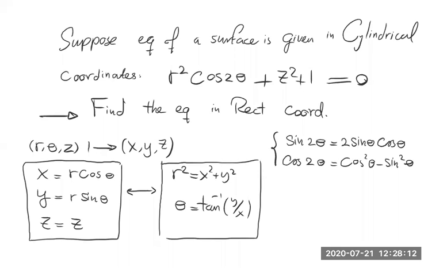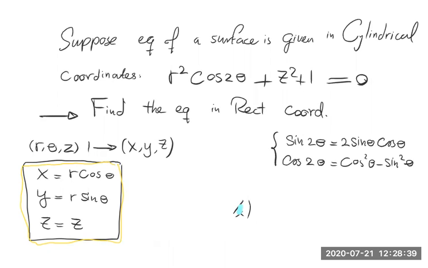Okay, so let's see. The equations I'm going to use are the ones on the left side, the ones in the yellow box. So I can erase the ones in the right box there.